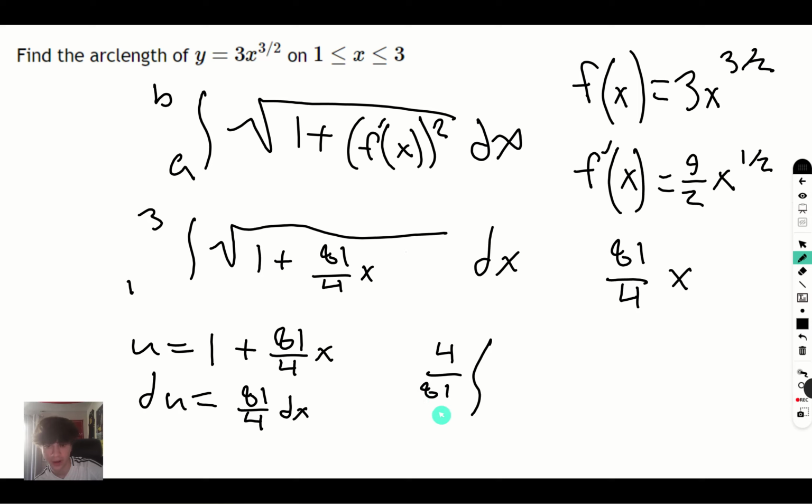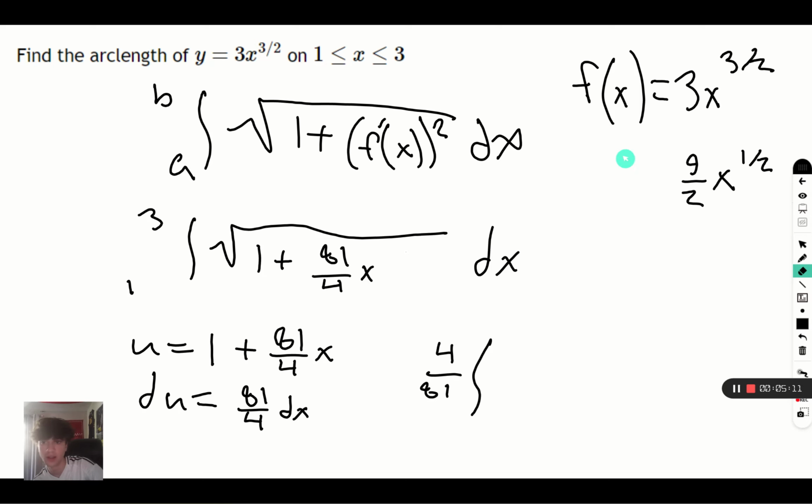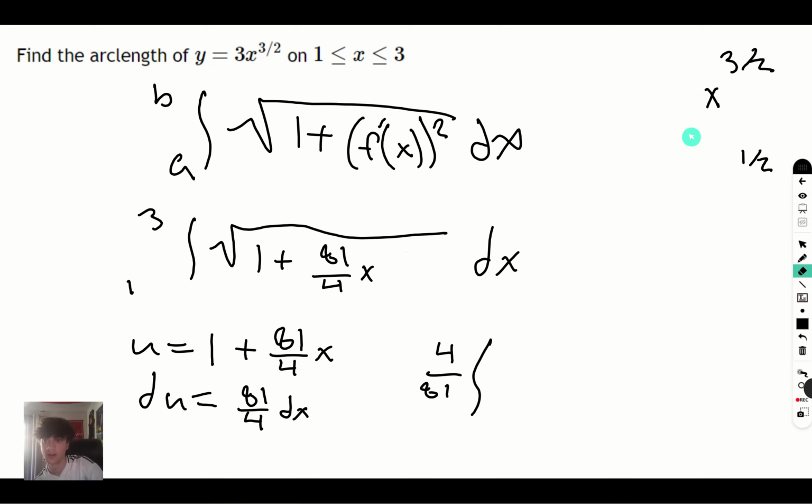I'm going to leave out the bounds for now, just for simplicity, so I don't have everything bunched up together. And we're going to have 4 over 81 times the square root of u du.